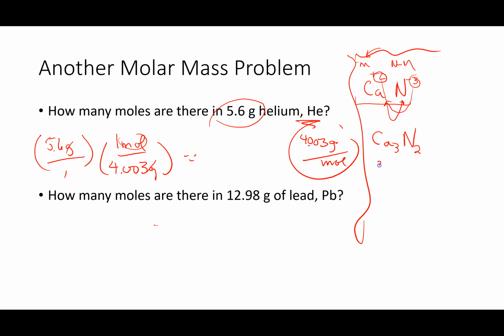I'll show you the check. So 3 times +2 plus 2 times -3, of course that's equal to 0. That makes it neutral. So now to name this, I'm just going to give it the first name, calcium. And then the last name, instead of nitrogen, I have to lop it off and end with -ide. So it's nitride. So be able to do that. I think that's it.